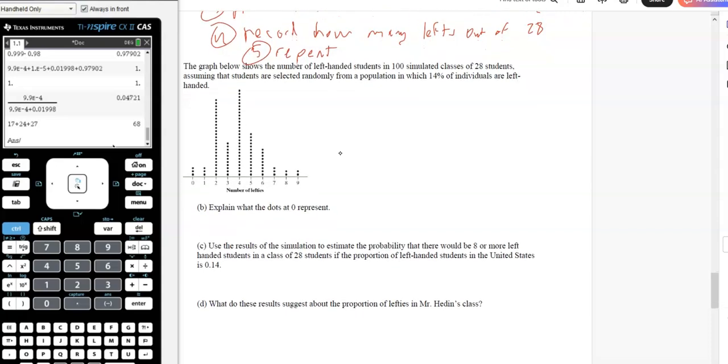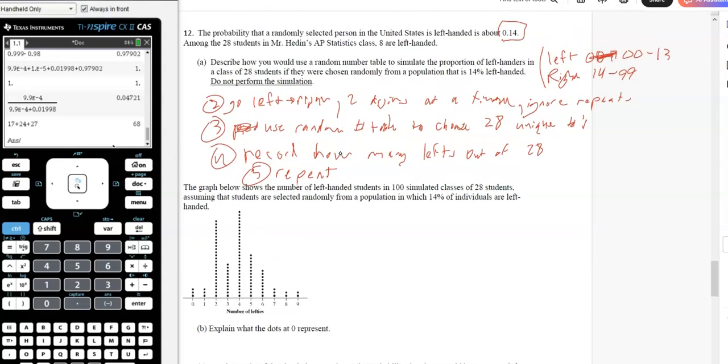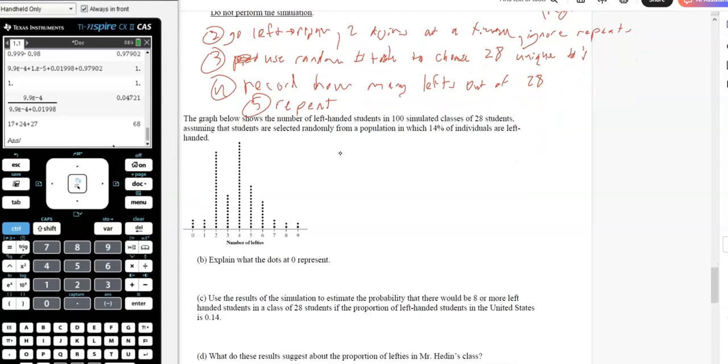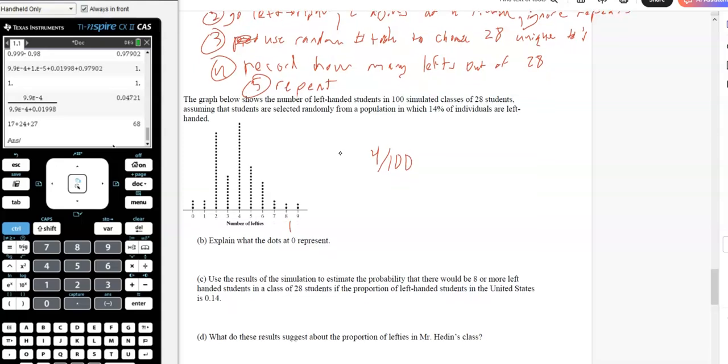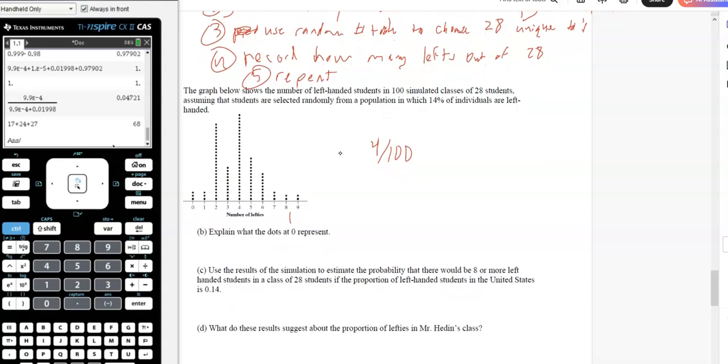Next part, the graph shows the actual simulation of 100 students. So where does 8 fall? Yes, 8 are left-handed, so the number of lefties is 8. That happens in 4 out of the 100 cases. By the way, what does 0 represent?